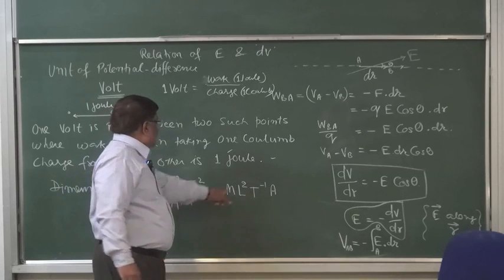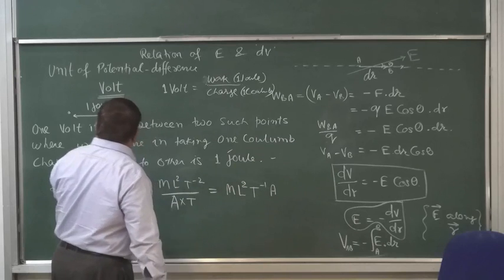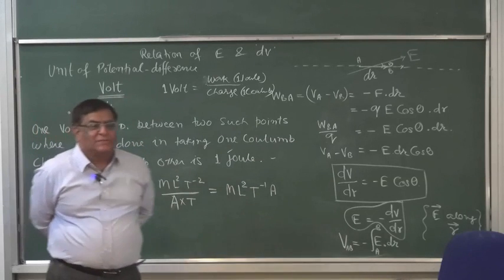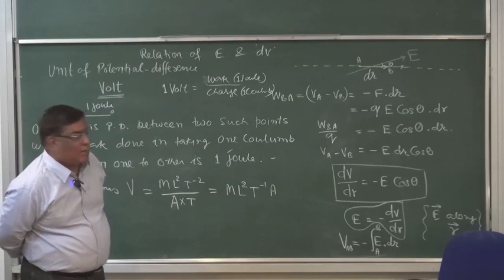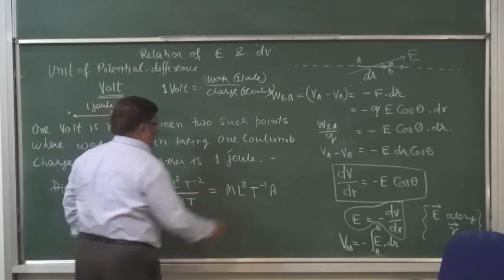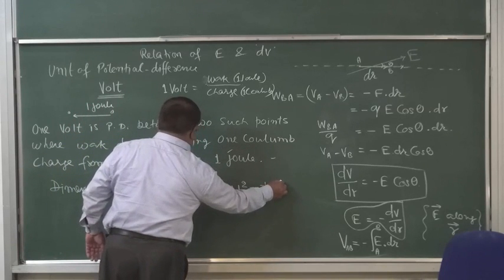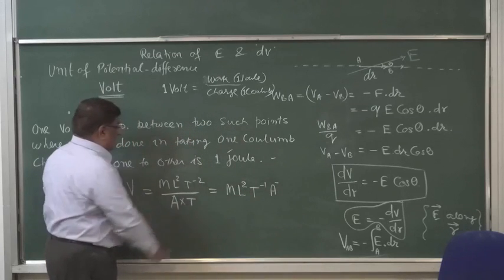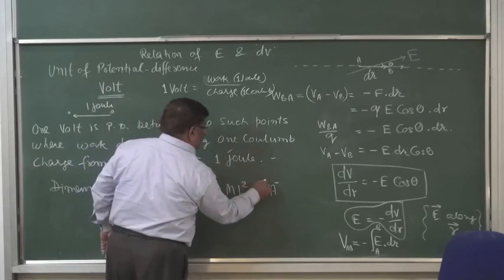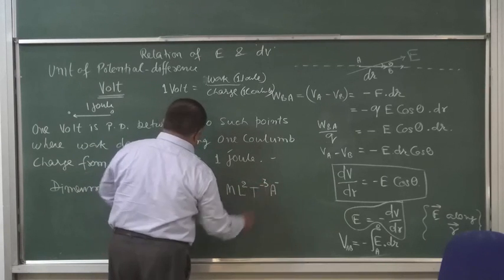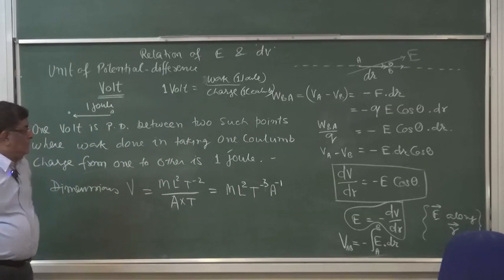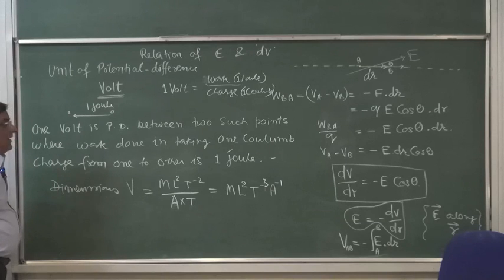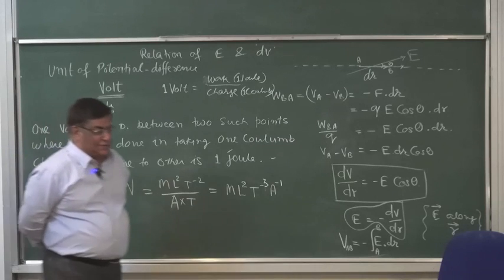So AT, this is ML squared T minus 1 A. These are the dimensions of potential difference or the dimensions of volt. Right? A minus 1, correct. T, this is T minus 3 and A minus 1. Yes, now it is correct. So ML squared T minus 3 A minus 1. Okay, these are the dimensions of potential.